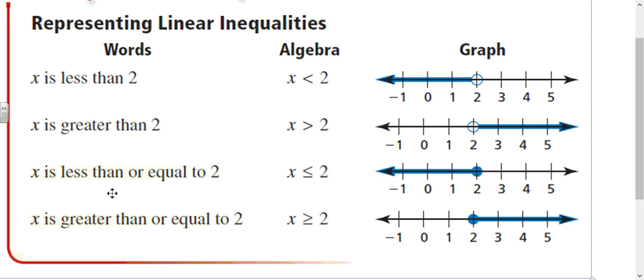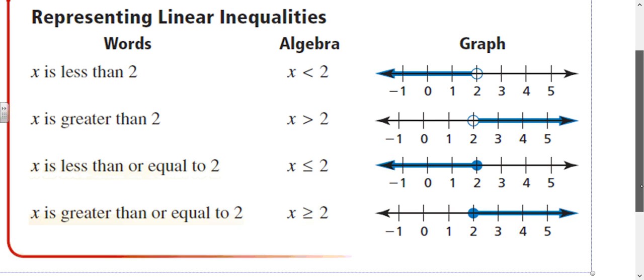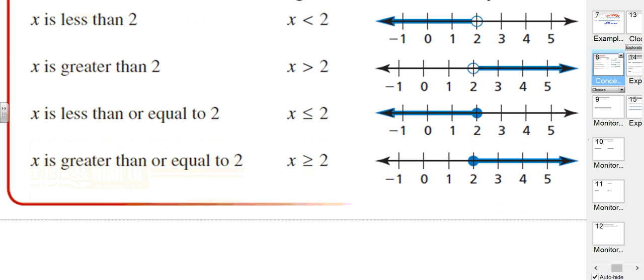Then we have less than or equal to, so it points to the left and it has the bar under it. And my circle is closed this time. Same with greater than or equal to. We have a closed circle because it's equal to, and it points to the right because these are all the numbers greater than 2. Awesome. Okay.